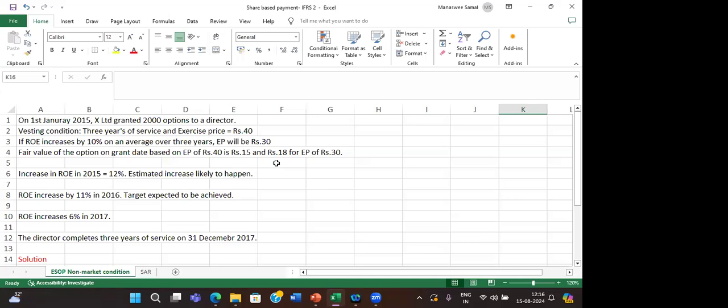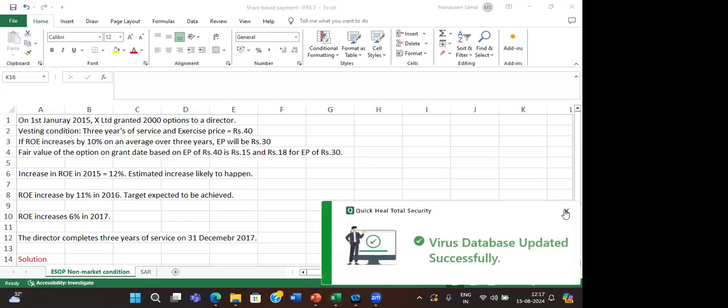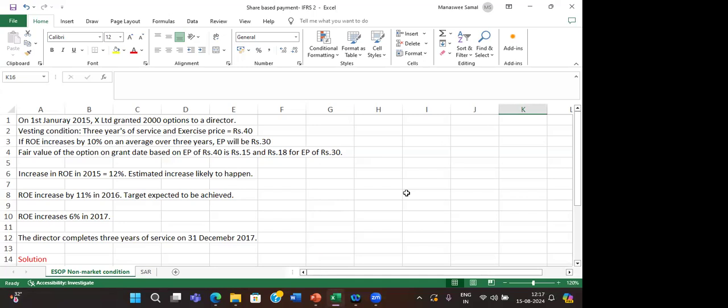Okay, done. So then in 2015, you are talking about the calendar year as your accounting year. Okay, 1st January 15. Then 2015 is now over. Then you find that the ROE for that year is 12%. And you are expecting that over the next 2 years, it would also be over 12% or at least over 10%.